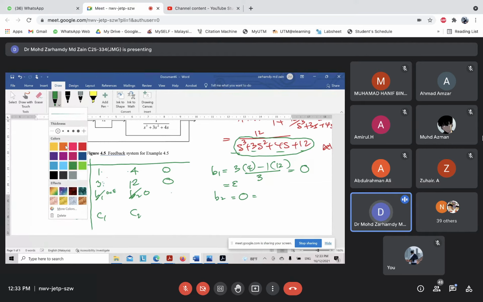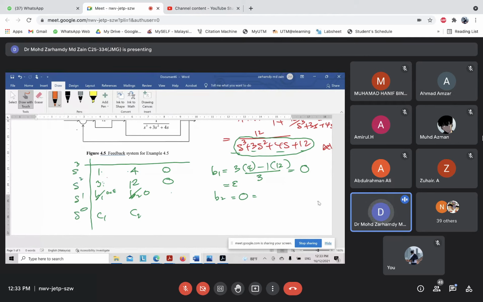C1, based on our assumption that B1 is epsilon. What we can do is C1 is equal to B1, epsilon, multiplied by 12, minus 3 multiplied by 0, over B1.